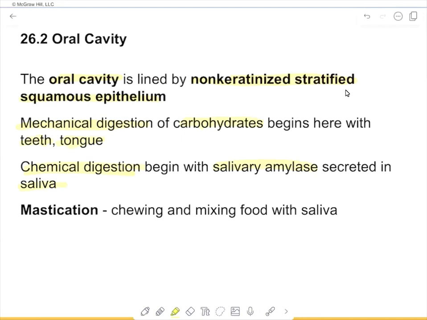The other foodstuffs would be the lipids and the proteins, and especially the proteins are not chemically digested until the stomach. One of the events that happens in the oral cavity is mastication, and the word mastication means chewing and mixing of the food with saliva.